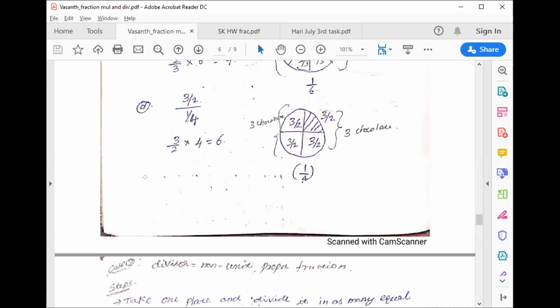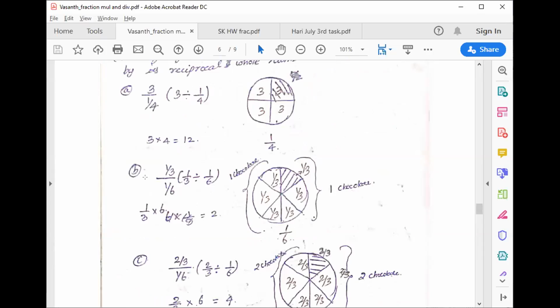For example, in this case, all pictures exactly match with the answer key and everything.